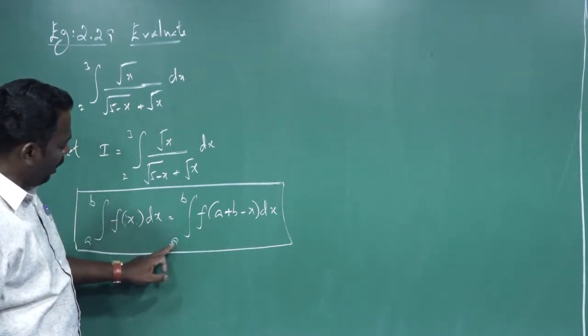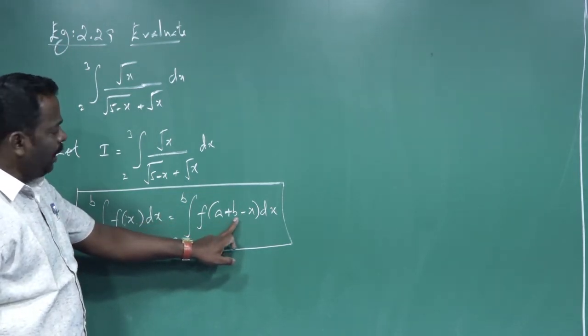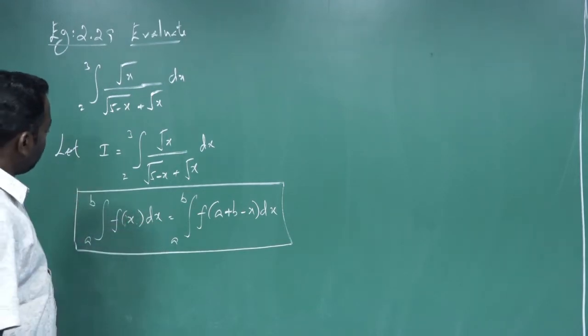Apply this integral formula to simplify. Here a plus b is the upper limit plus the lower limit, and the new limits are a plus b minus x. So now apply this integral formula for the given sum.